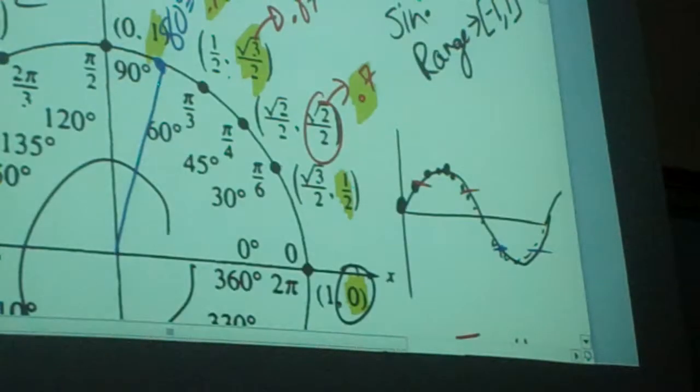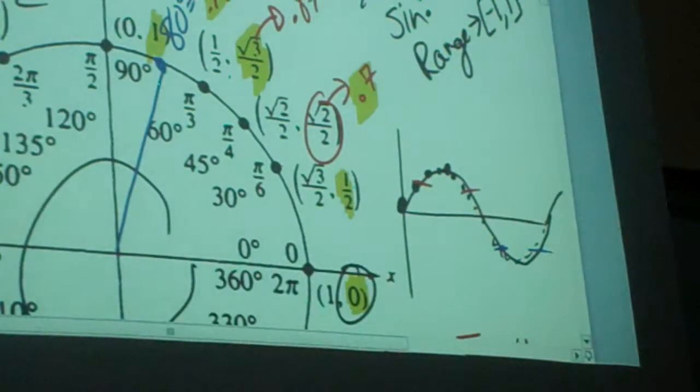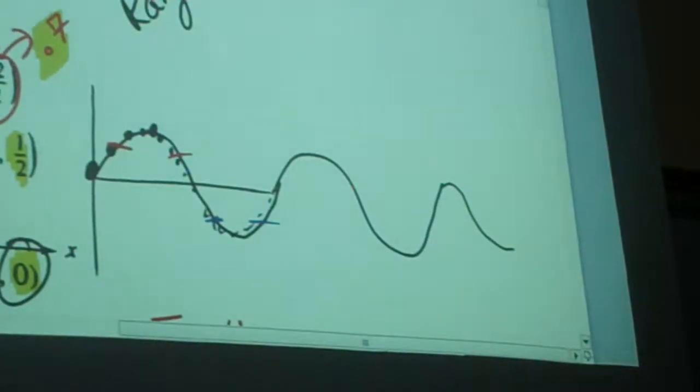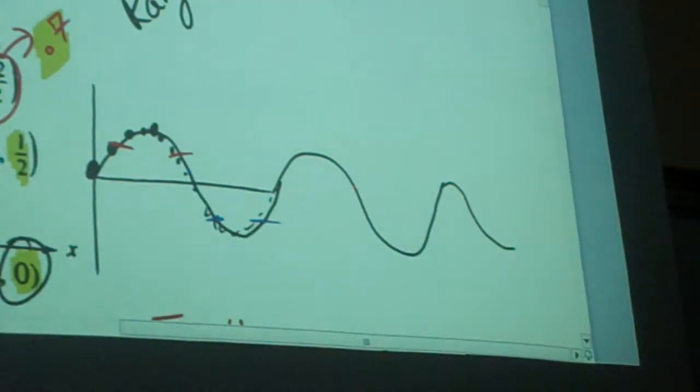What can you say about cosine? Same thing. Cosine, your range will be from negative 1 to 1. So if you ever get a problem where it says use your calculator or tell me the value of cosine theta where it equals 5, what would you say?